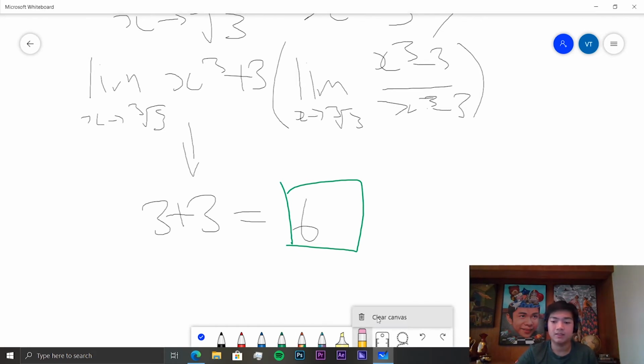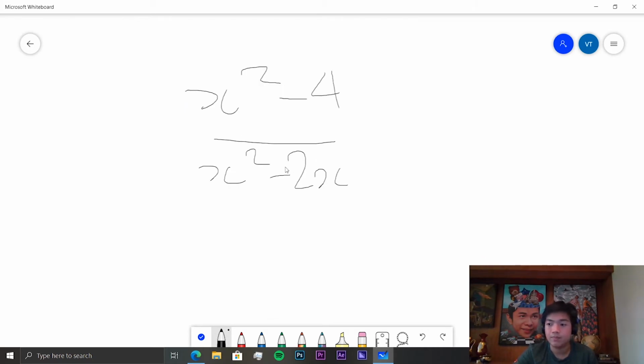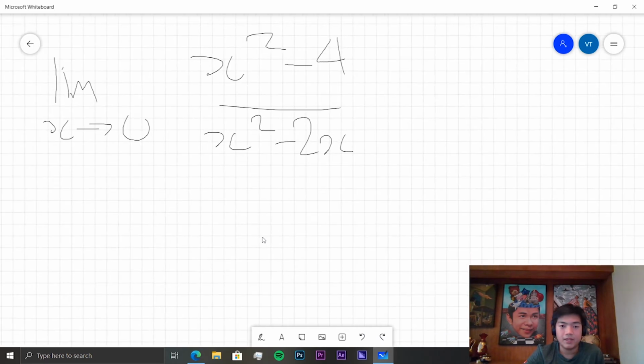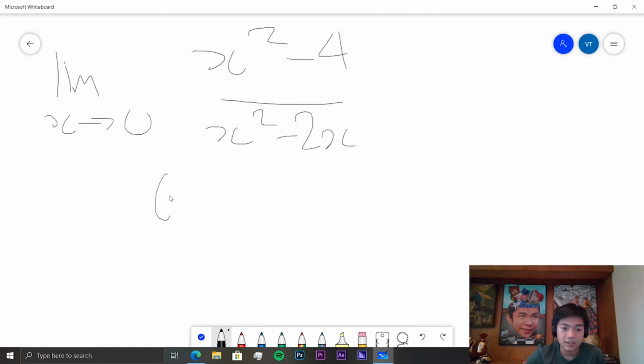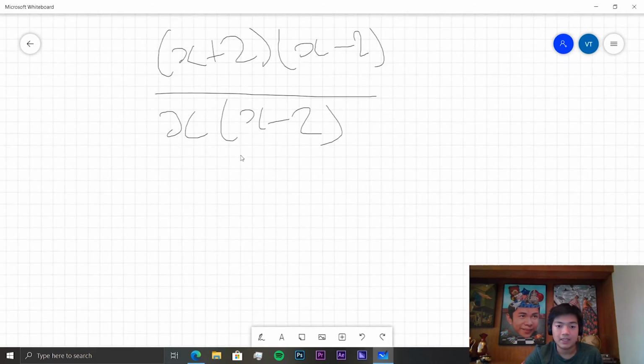So next question, we have the limit of x squared minus 4 over x squared minus 2x as x approaches 0. Okay. Well, we know this is equal to x plus 2 times x minus 2 over x times x minus 2.